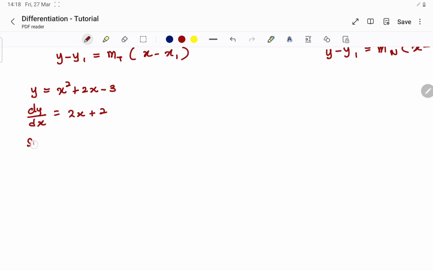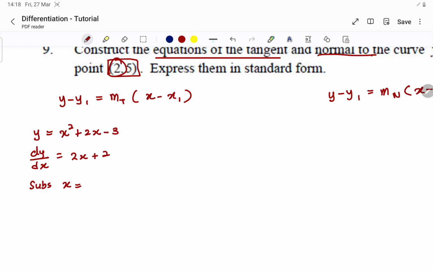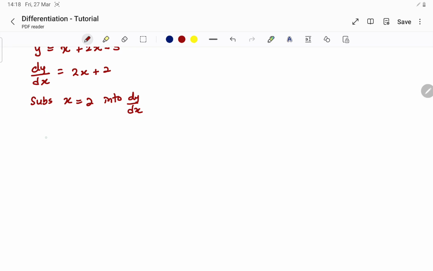And then you have to substitute x equal to 2 into dy dx. Okay, so mt become 2 multiplied by 2 plus with 2, it is equal to 6. So this is your mt.